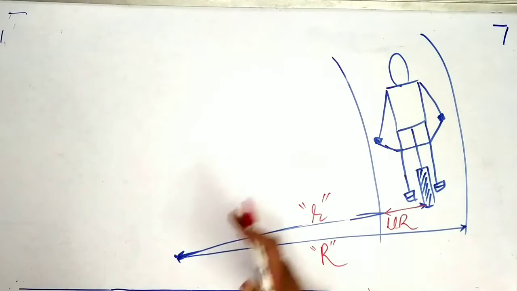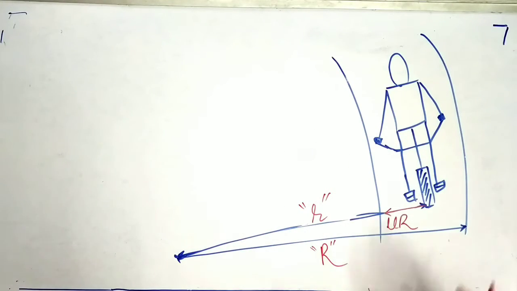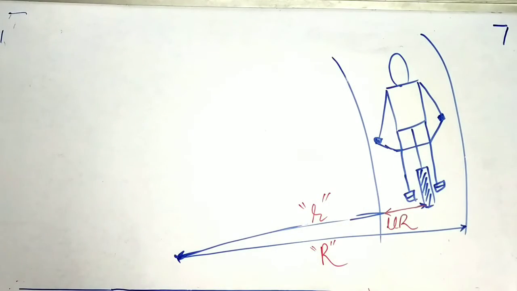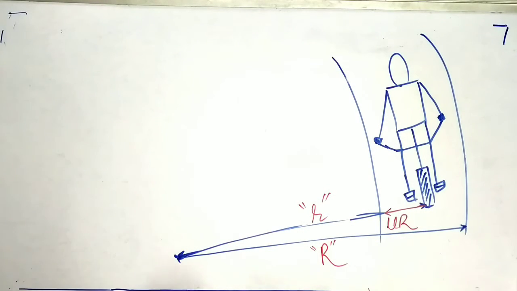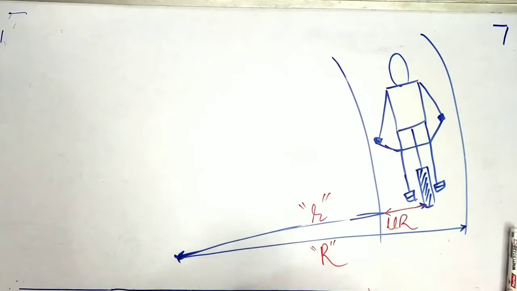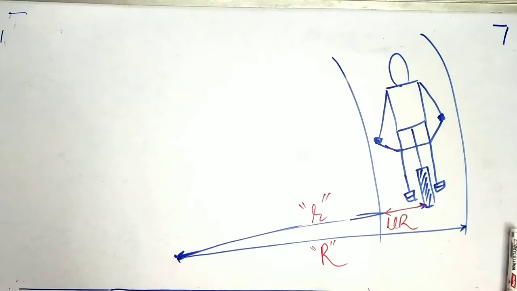It is pulling the rider this way so that the rider does not skid out of the track. So this was the only concept involved, that the friction is the force responsible to keep the rider on the track when the rider is moving with the maximum velocity.